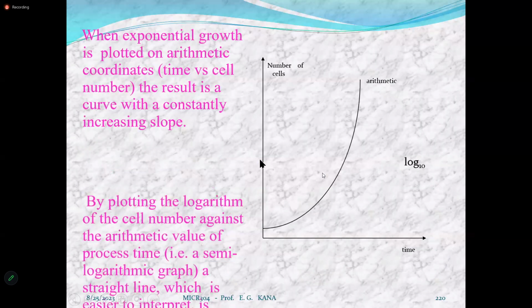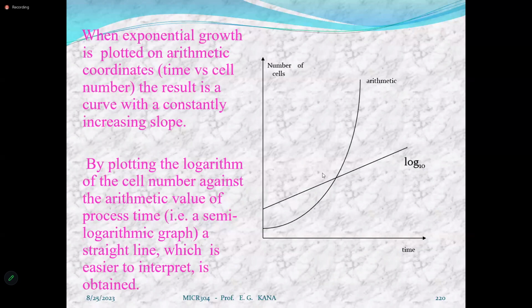Now, if you decide to plot the cell number against time, you're going to have a graph that shows this kind of growth. Remember, if you just plot the number of cells, not the log number of cells, your diagram will show this kind of curve.